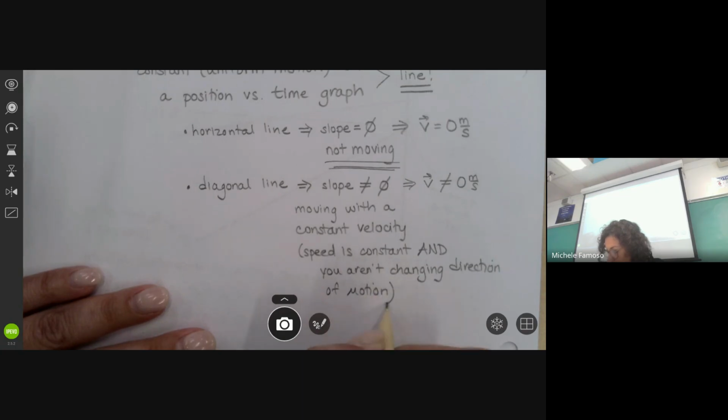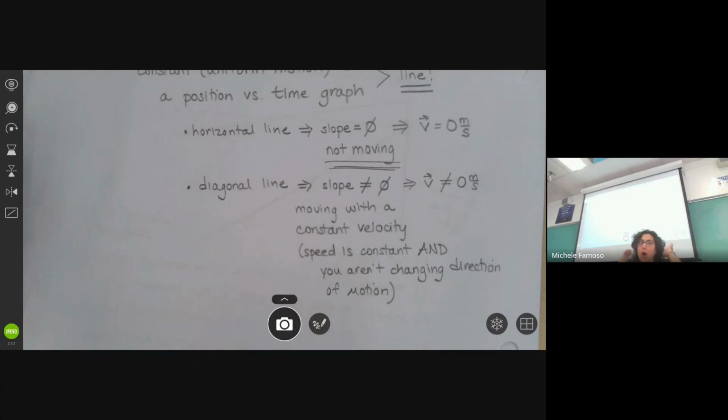You are not changing in what direction you're headed. You are always headed to the right, or you are always headed to the left. That's it. Okay. That's it for the notes.